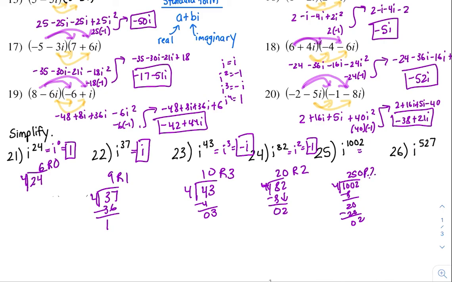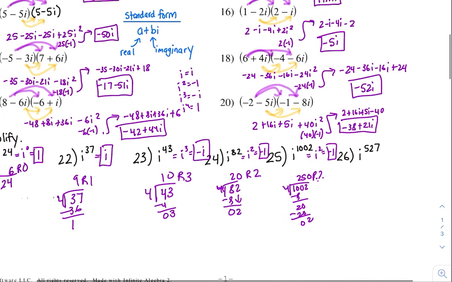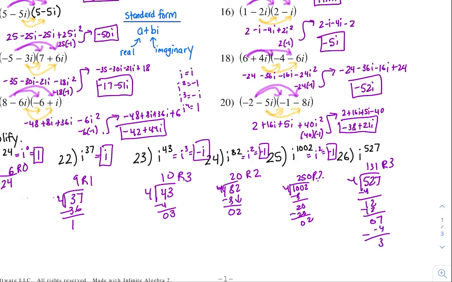So this becomes i to the remainder of 2, which is negative 1. And lastly, 527 divided by 4, remainder 3. And this is going to be i to the third, which is negative i.